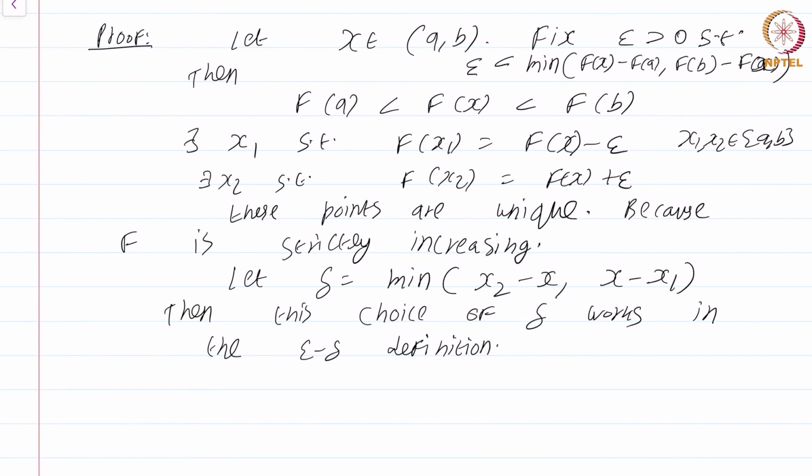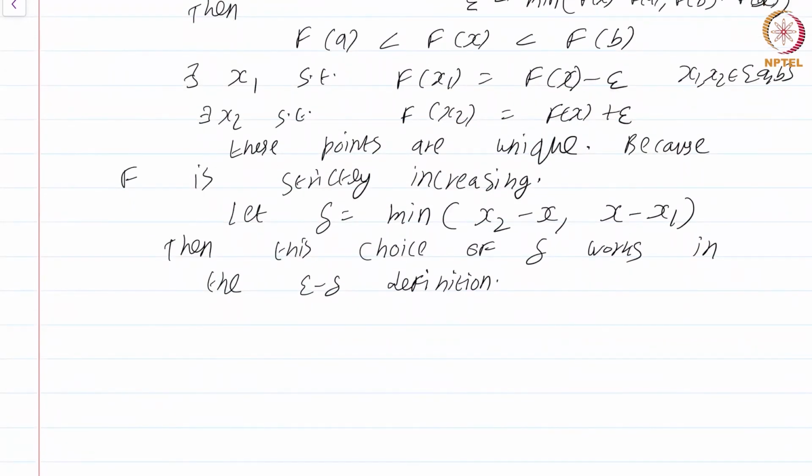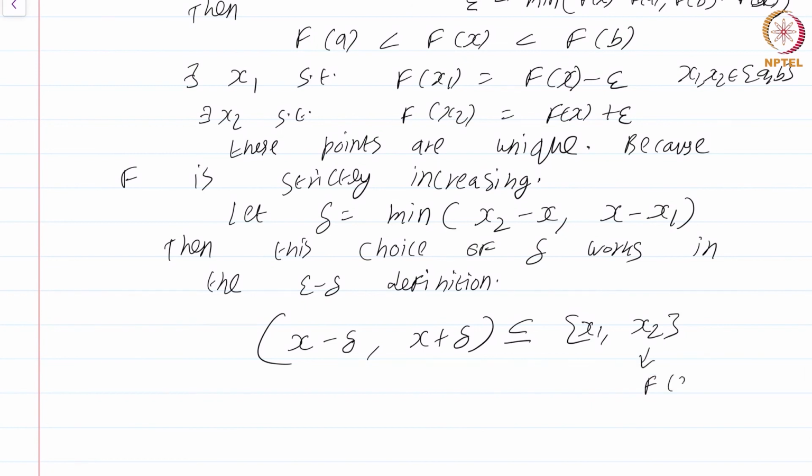Why does it work? Well, if you look at the interval (x minus delta, x plus delta), this is going to be contained in the interval (x1, x2). At this point it is f of x plus epsilon, and at this point you get f of x minus epsilon, when you apply f.